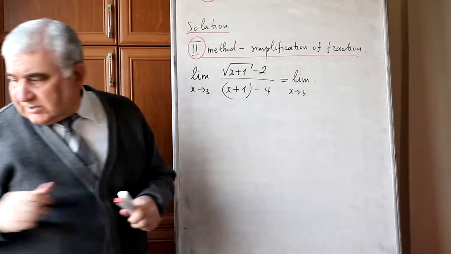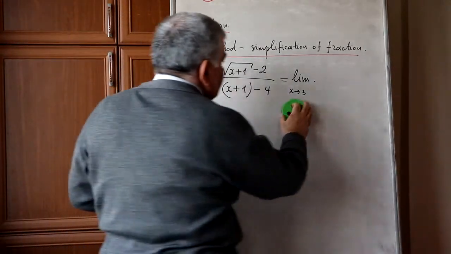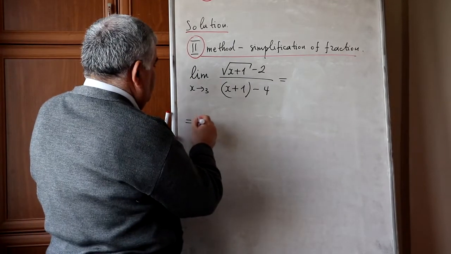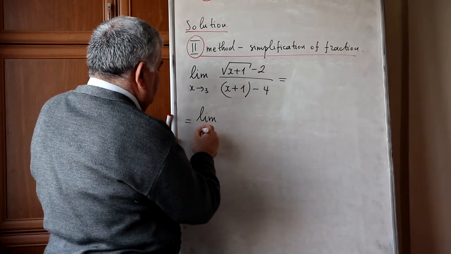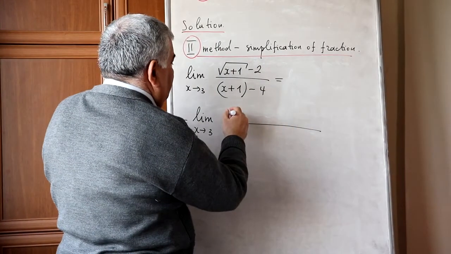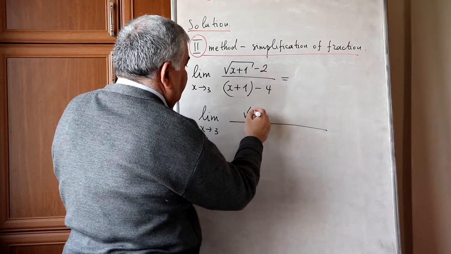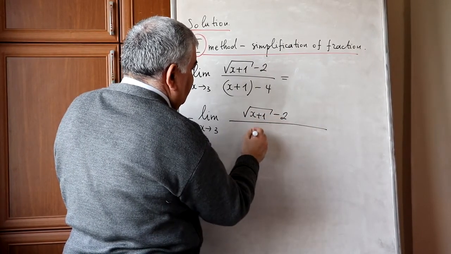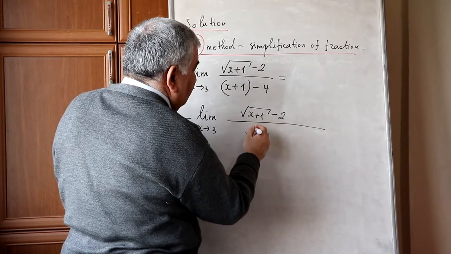Please go to the next row. Limit when x tends to 3 of square root of x plus 1 minus 2 over square root of x plus 1 squared.